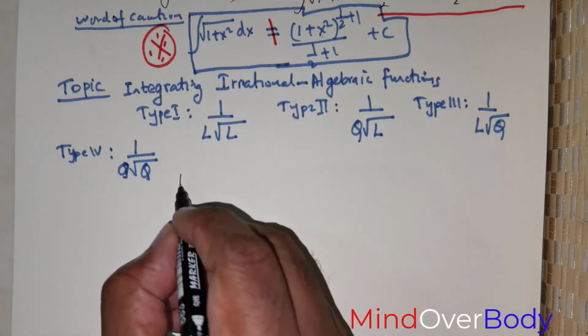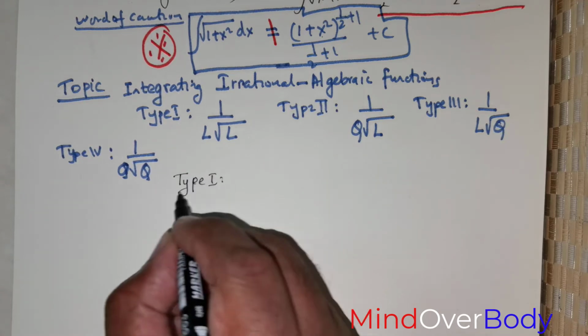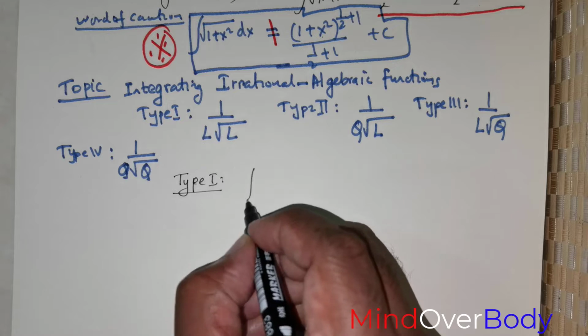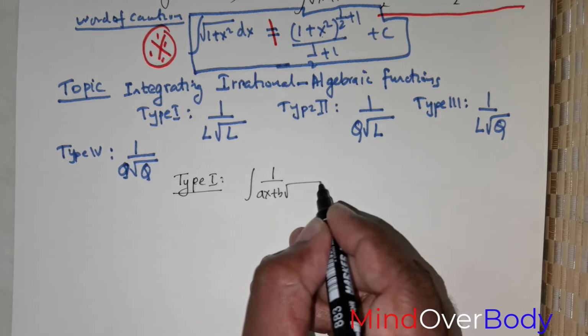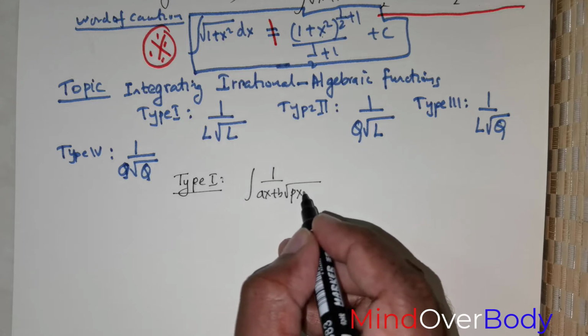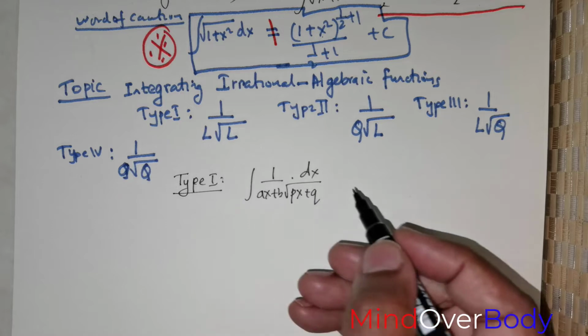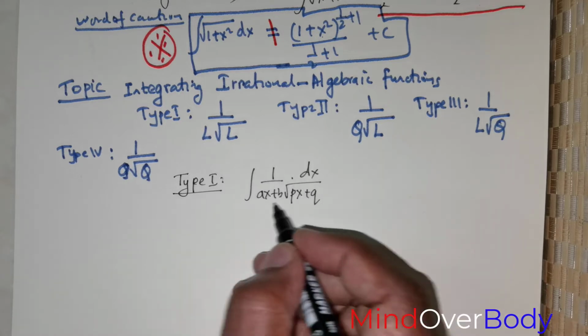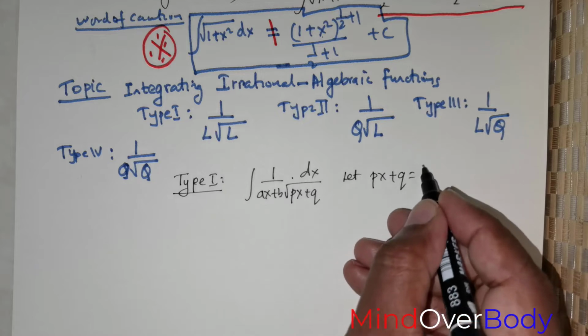So we are going to look into type 1, and the illustration would be of the form integral 1 over (ax plus b) times the root of (px plus q), of course with a differential operator there. Whenever you are given this form, you have to take px plus q to be equal to t squared.